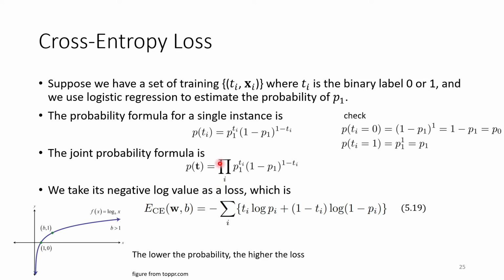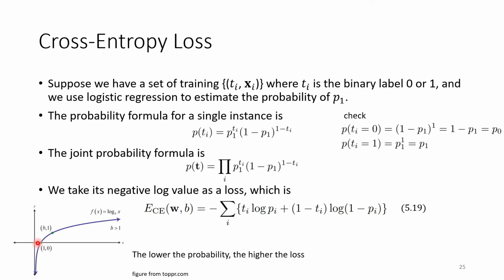So the product becomes the summation. The P1 to the order of ti is here, and the 1 minus P1 to the order of 1 minus ti is here. And we take its negative value. Why do we need to take its negative value? Because of the log. This is the curve of a log function, and all probabilities are in the range of 0 to 1, so it is only this region.